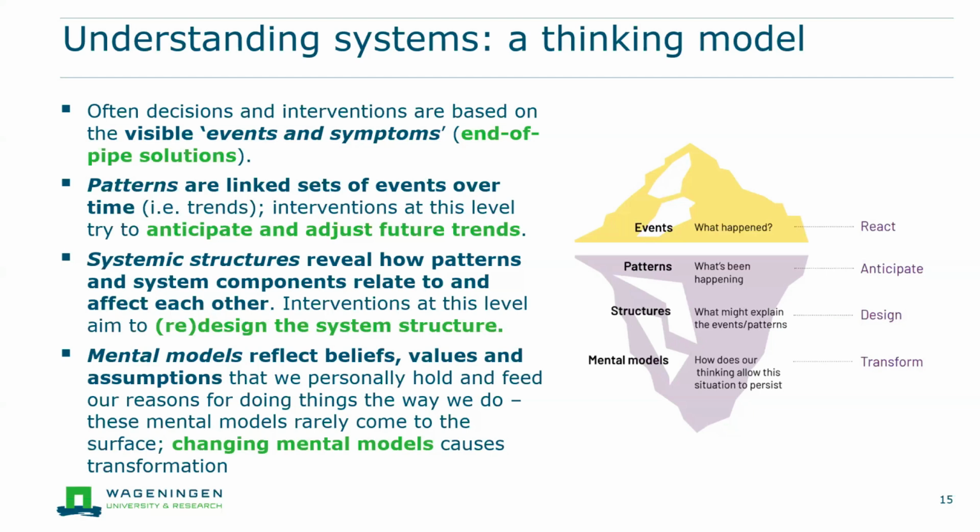And then the lowest level, which is maybe one of the most important levels, is the level of mental models. How does the way we think about the system, the way we think about food and how we produce it, and for what purpose we do what we do in the system, actually influence the reality?